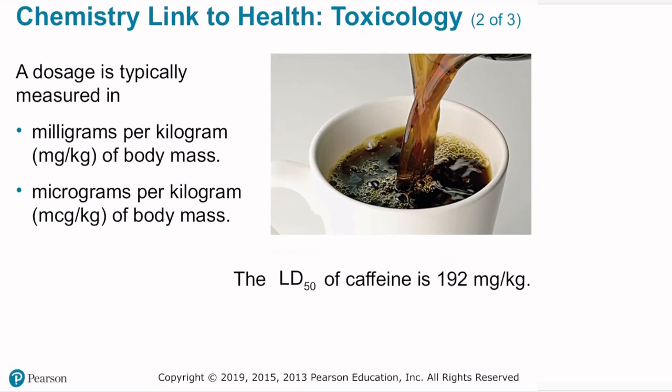A dosage is typically measured in milligrams of drug per kilogram of body mass, or micrograms of drug per kilogram of body mass. The LD50, or the lethal dose that would kill half of the test subjects, for caffeine is 192 milligrams per kilogram. Of course, we don't test that on people. We just assume that we can extrapolate an LD50 to a human population.